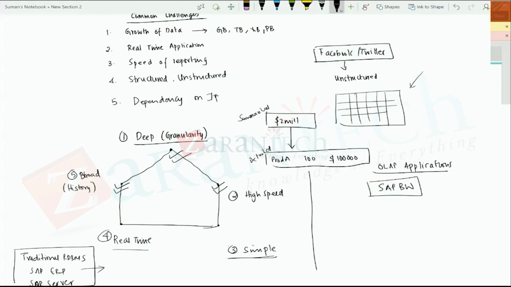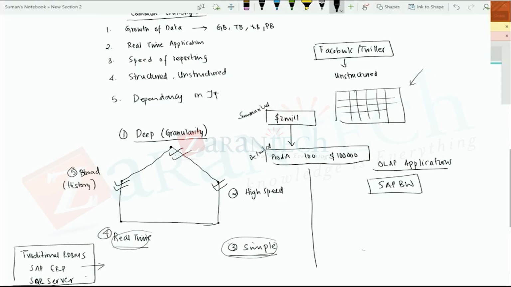It's able to hold historical data. But when it comes to real time, it does a little bit, but not to a great extent. And simplicity is definitely not there, because there is a lot of complexity involved in maintaining the data model to present your information. So be it your transactional system or your OLAP system, they were only able to satisfy a few of the 5 requirements.